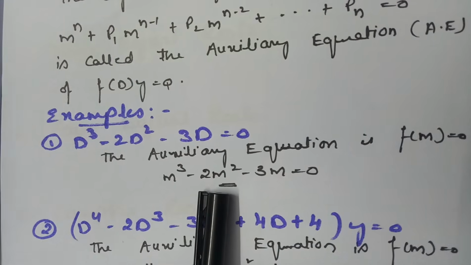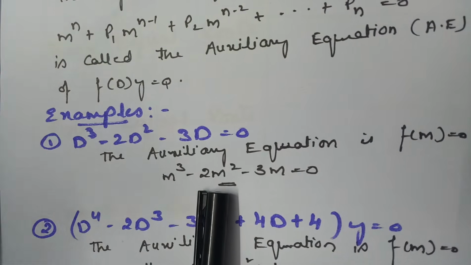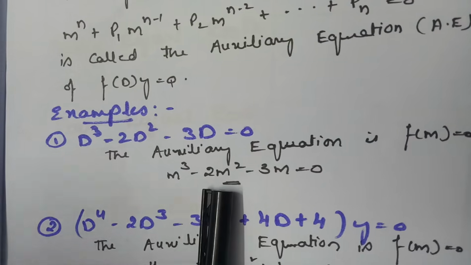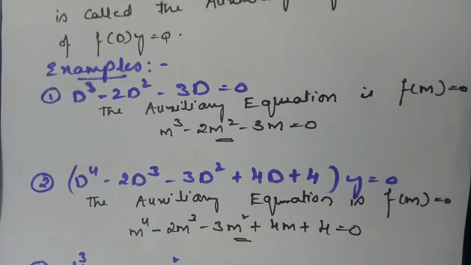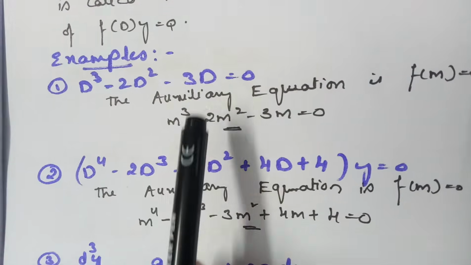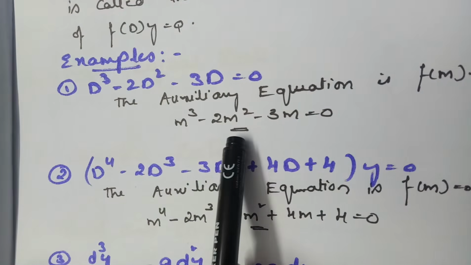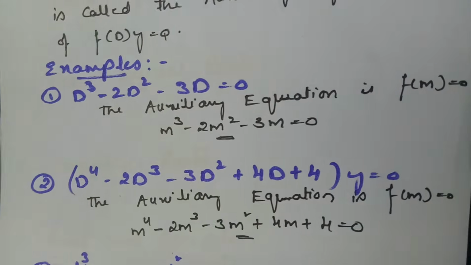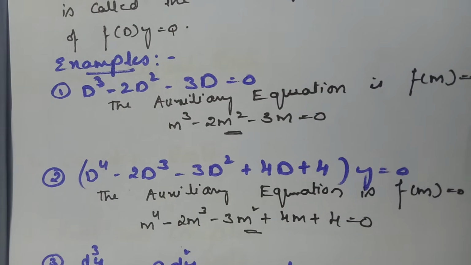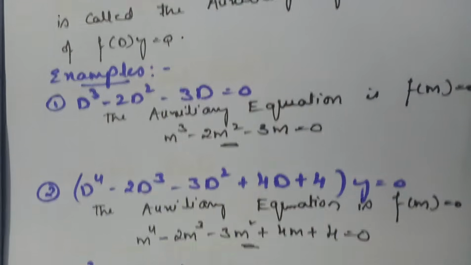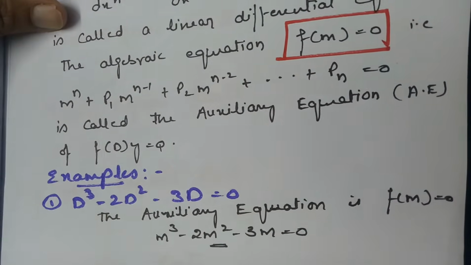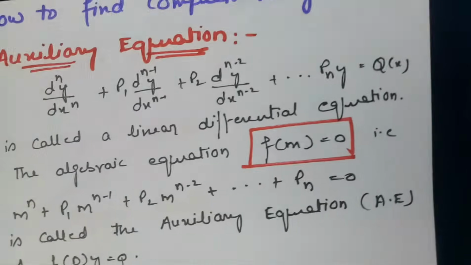I'll tell you how to write a complementary factor using this auxiliary equation after finding the roots. So in each and every question, immediately you have to write an auxiliary equation, find the roots, and depending upon the roots you have to write the complementary factor. So see how to write the complementary factors.